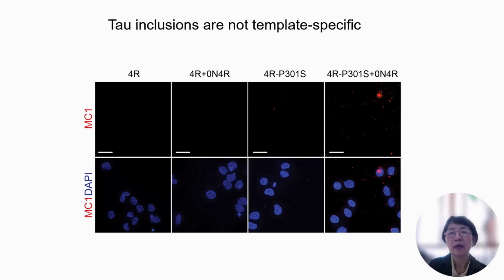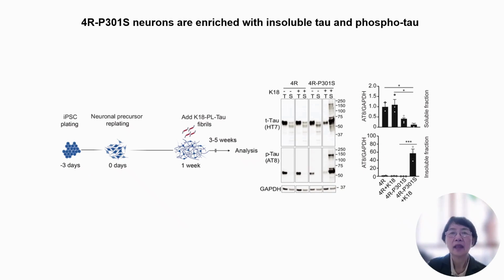To determine whether tau inclusion only depends on K18 fibrils, we seeded neurons with Y-type 0N4R tau fibrils. We also observed MC1-positive tau inclusions, so tau aggregation in these neurons is not limited to seeding with specific fibrils. We then asked if these in vitro lines recapitulate in vivo tau pathologies, to study if tau inclusions accumulate in neurons.